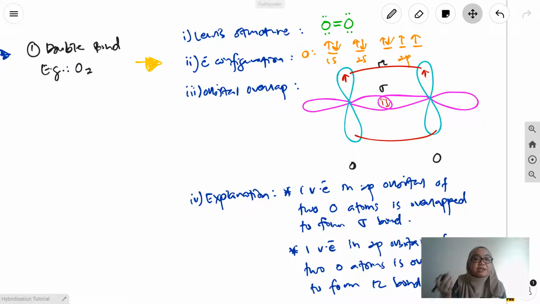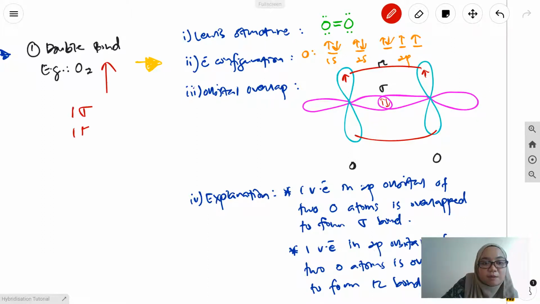We know that a double bond consists of one sigma and one pi bond. That means one of these unpaired electrons will be used to form the sigma bond, and the other unpaired electron will be used to form the pi bond. Just now we said that the sigma bond is formed through end-to-end overlapping. For oxygen, the unpaired electron is in the 2p orbital.